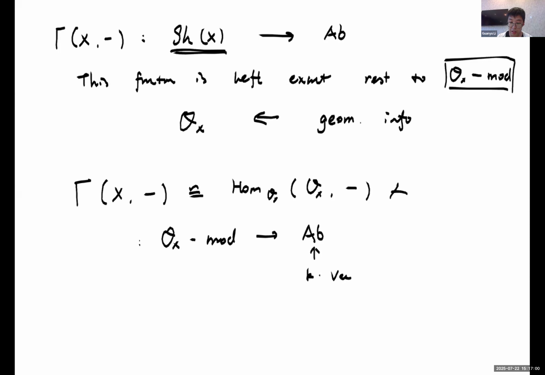Because we know that this functor is left exact automatically. The global sections functor is left exact, and homological algebra tells us that we could take the right derived functor of a left exact functor.